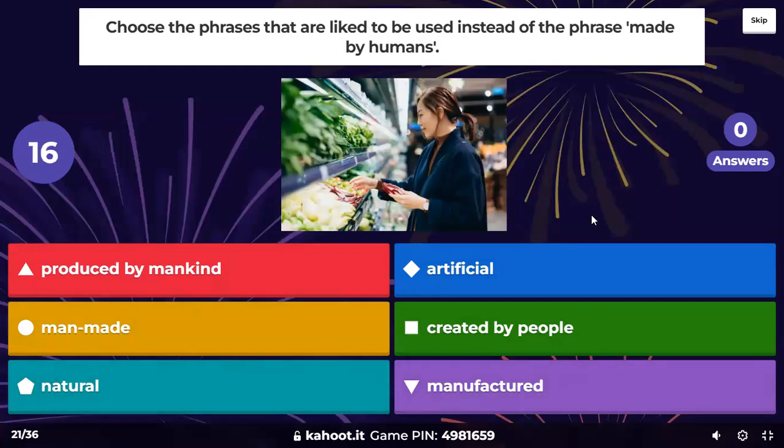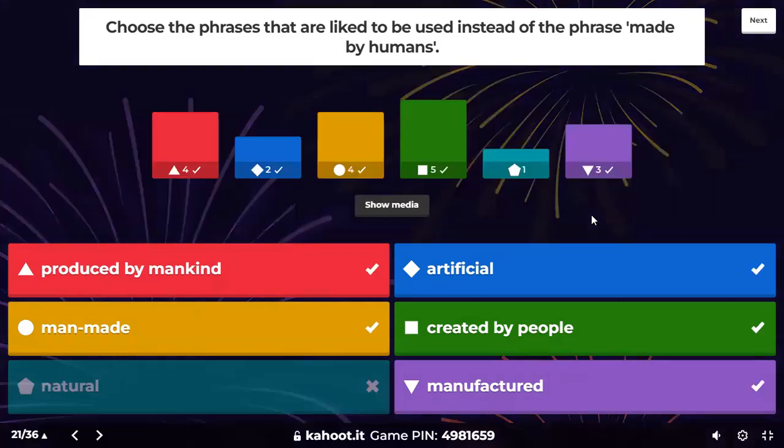There's only one word which is not a synonym. Oh, okay, cool. So this is the one word that doesn't belong to the group, which is natural.